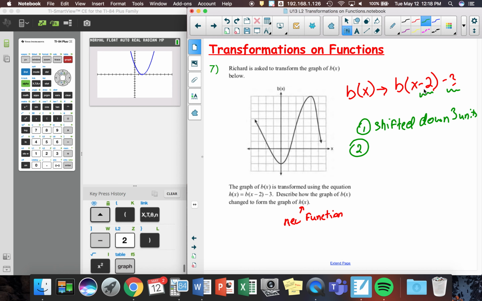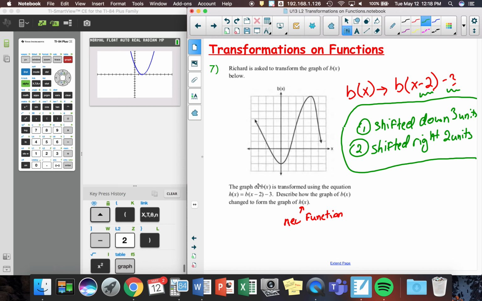You may be thinking left, but remember, it's the opposite. It's going to go right. So shifted right 2 units. Okay? And that's it. They're asking that question in a very weird way, just to see if you understand what they're asking. All they're asking is that you're turning b of x into b of x minus 2 minus 3. That's it.